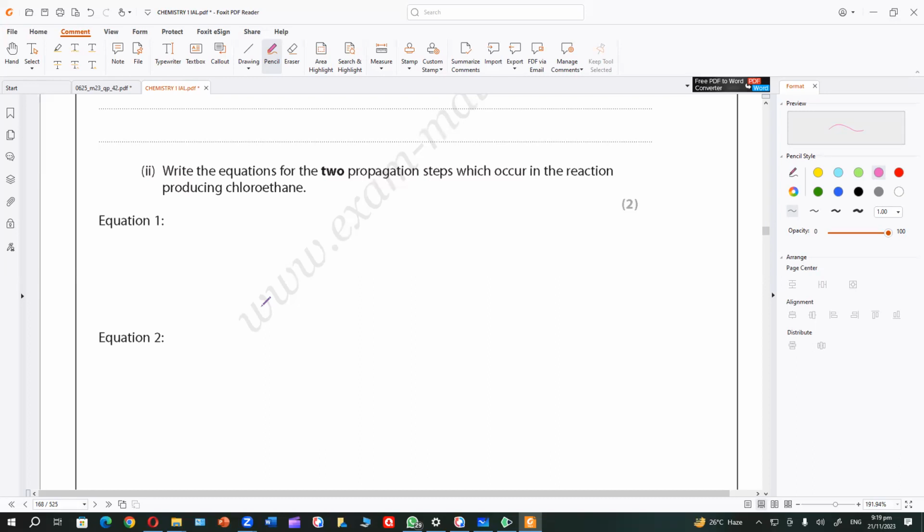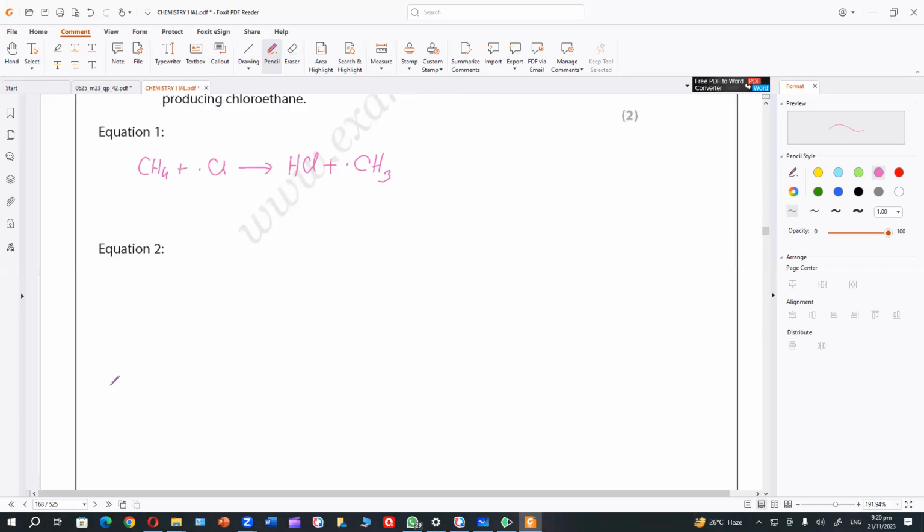Yeah, I'm thinking the first one would be CH4 plus Cl, like this. This is one option. Then any other propagation step?